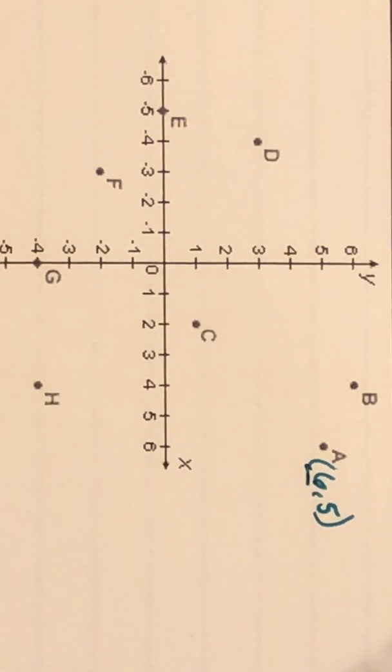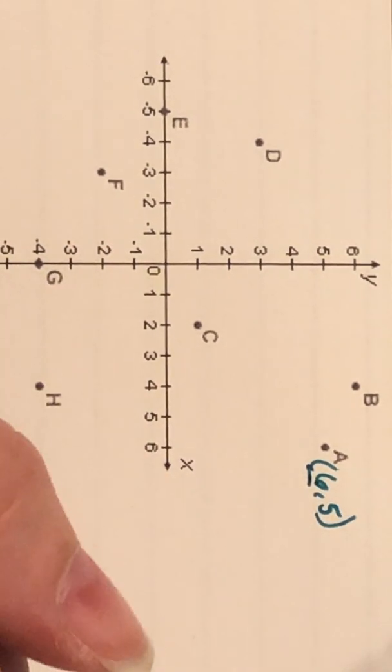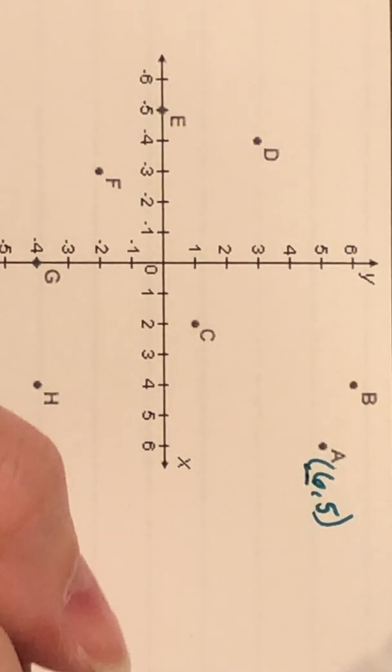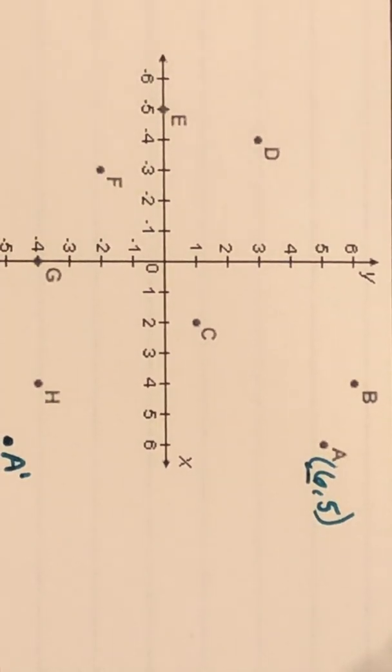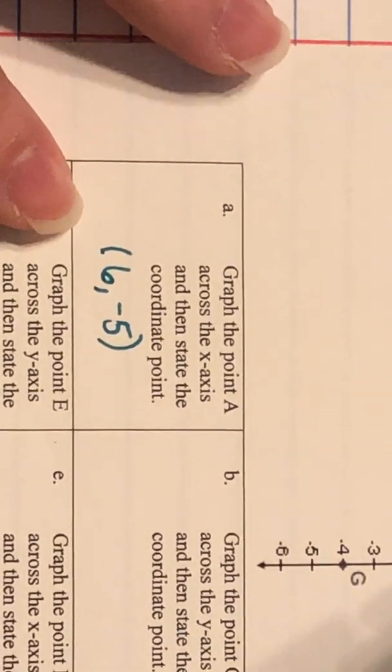So my point is going to be (6, -5). So I'm going to go over 6, down to -5, make a point, and that's going to be A prime. Okay. And then that's my coordinate point for letter A.